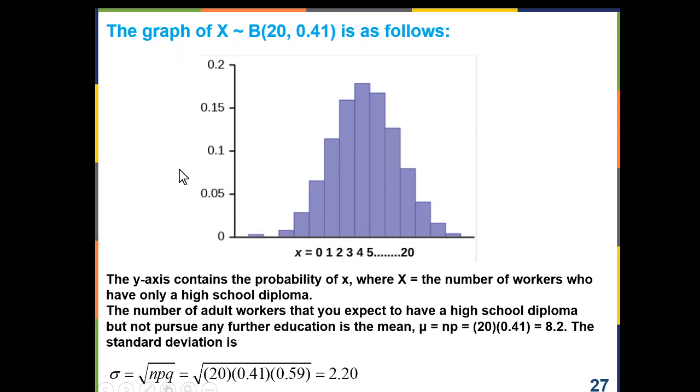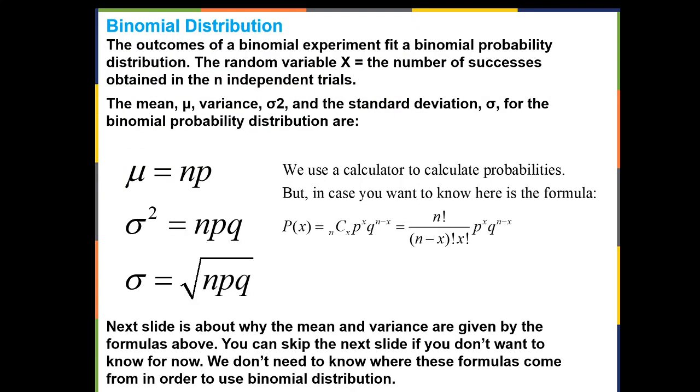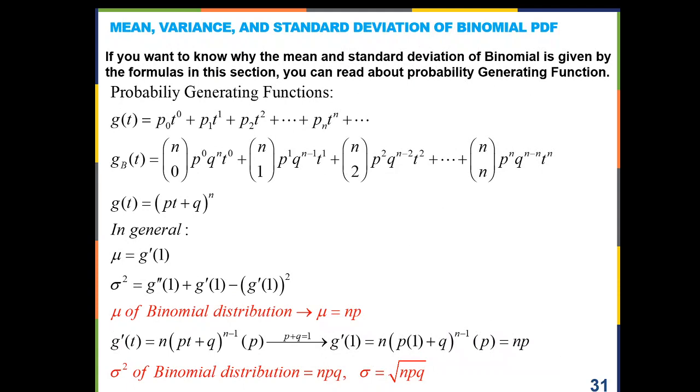So every distribution that we're going to talk about from now on has a mean and has a standard deviation. So I'm going to show you where it comes from, the mean and standard deviation of a binomial distribution. Then I'm going to go back and do some problems.